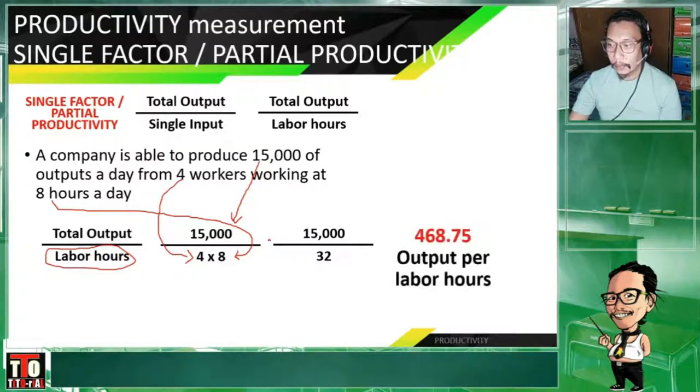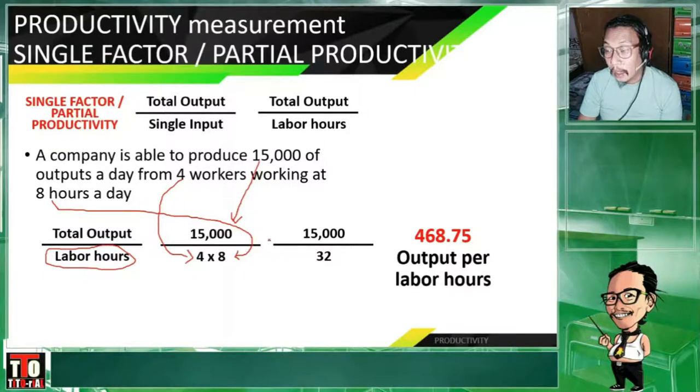So with that, we know that our output is 468.75 output per labor hour. So per 1 hour of labor, kaya nilang mag-produce ng 468.75 laptops. Ang pangit naman kung may 0.75 na laptops, diba?